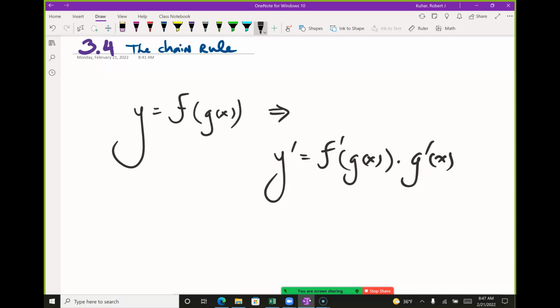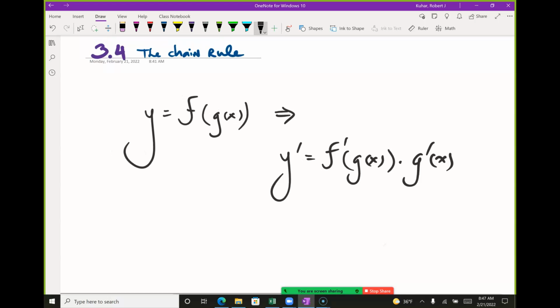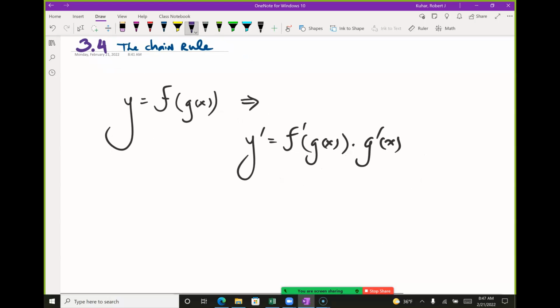So I'm going to teach this to you a couple of ways. I'm going to talk about inside function, outside function, and I'm going to show you a loop. Okay? I find it easier to think about inside outside functions than a loop, but I still like to show a loop in case that's the way you would like to think about it. So clearly this is my outside function, right? And this is the derivative of the outside.